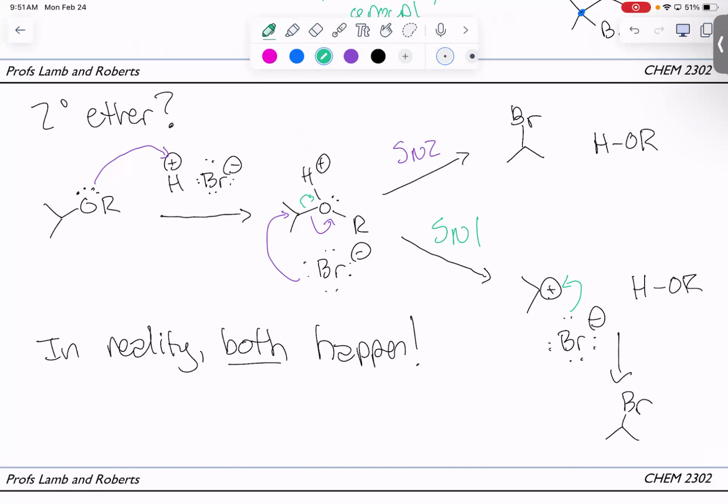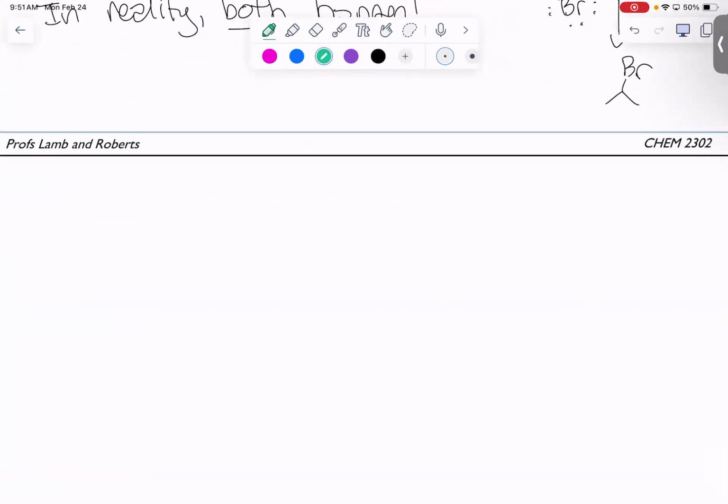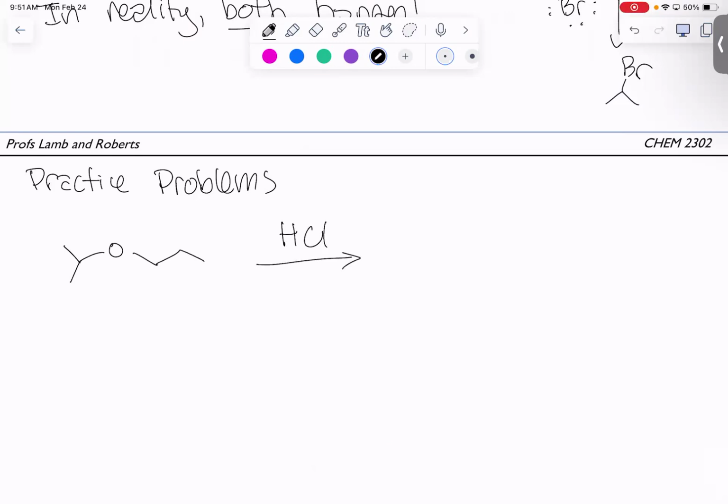All right, let's just do a couple of practice problems, all right? So let's have practice with writing the products, right? So what is going to be the product of this reaction?